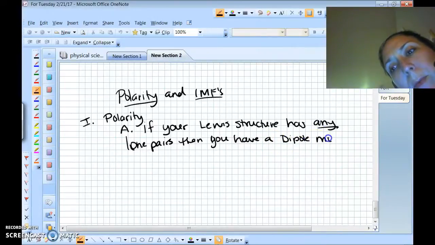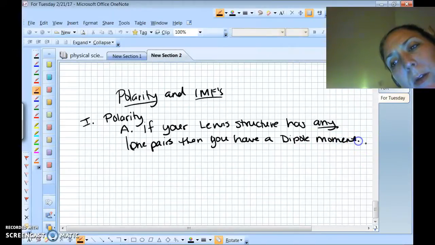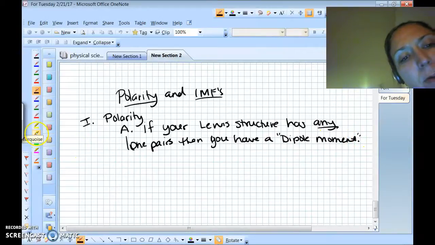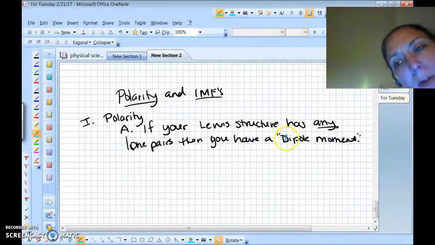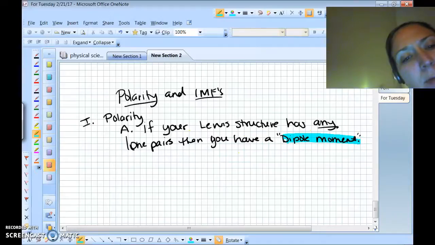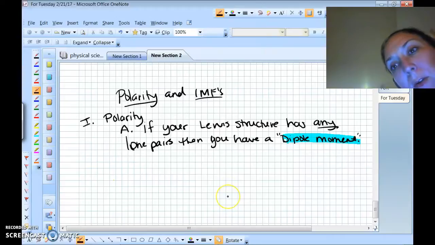It's called a dipole moment. We just say dipole for short, but it's technically a dipole moment. Alright, so if you have lone pairs, it doesn't matter where the lone pairs are. They don't have to be on the central atom. They can be on the terminal atom. But if you have dipoles in your molecule, if you have lone pairs in your molecule, then your molecule experiences something called a dipole moment.